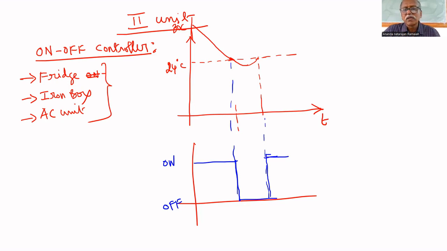It will not stop here. There will be a further increase in temperature even though you turned it on. Can you expect 24 immediately? You cannot expect. Once after some time, it starts decreasing. When it falls here, again it will be turned off.